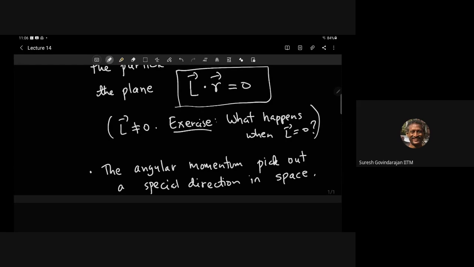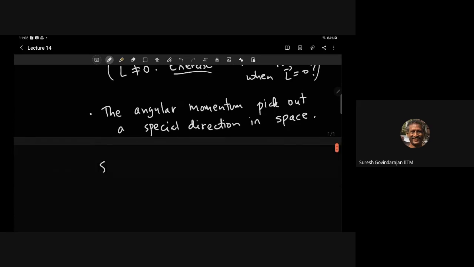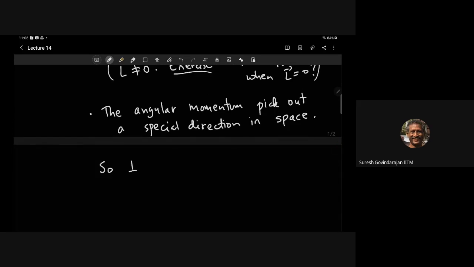Okay, and so what did I do? I chose, or we chose L dot R equal to 0 to be the XY plane.